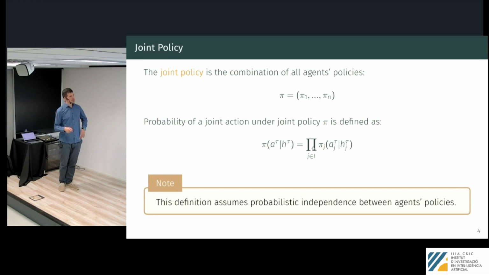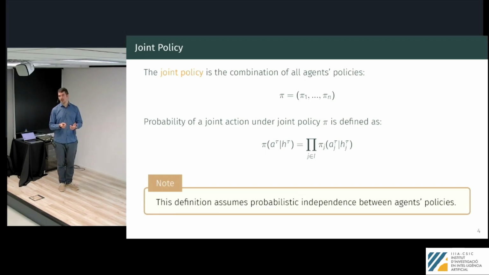And notice here we're actually making a particular assumption, and it's defined in the note down here. The definition assumes that the policies are probabilistically independent, and that's why we have a clean factorization here. And this is important to point out because there are solution concepts where this is not assumed. There are, for example, solution concepts like a correlated equilibrium, where there's actually a correlation in the choices that they have.